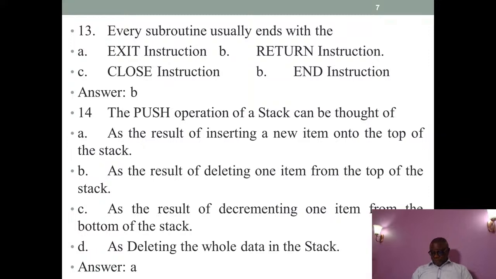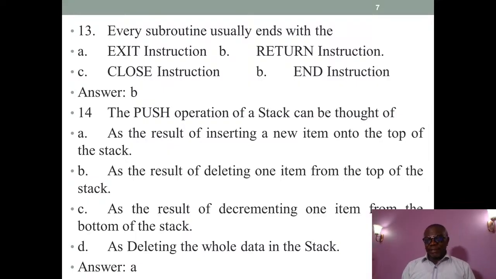Now, let us get what we mean by stacking in computing. In computer terminology, we say that things like first in, first out, first in, last out, last in, last out.